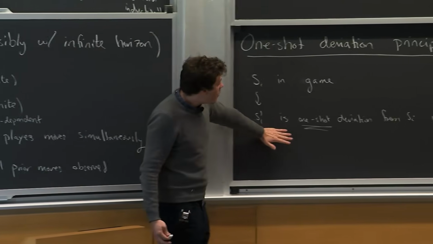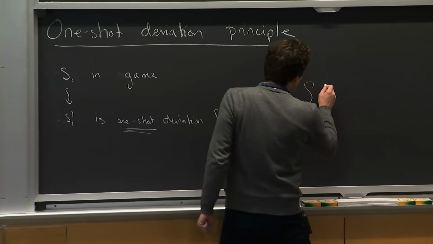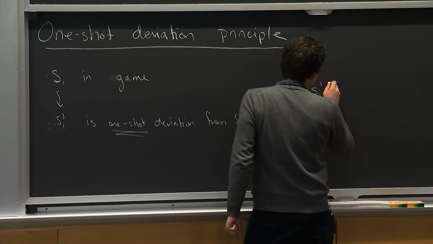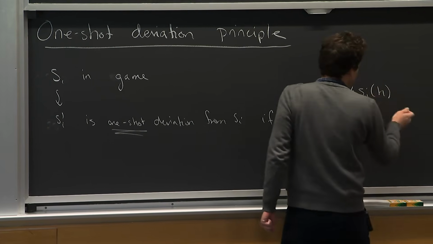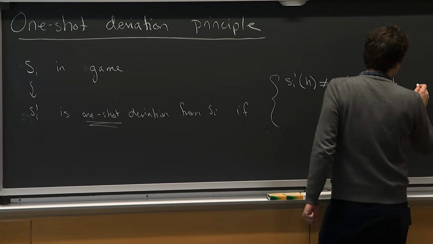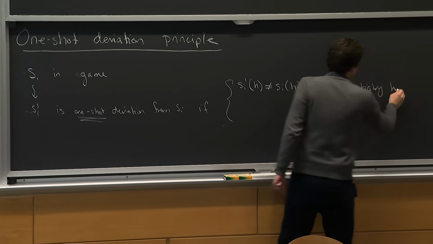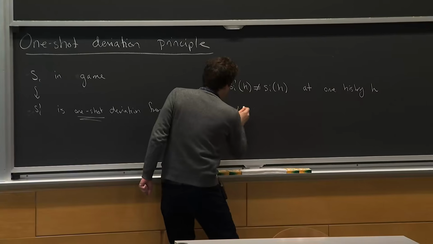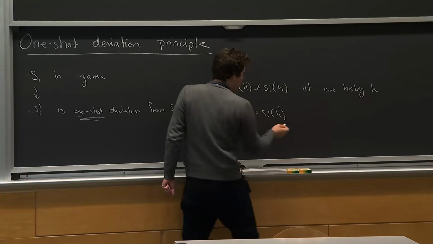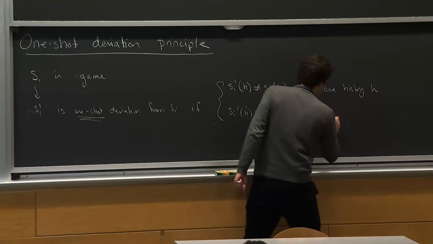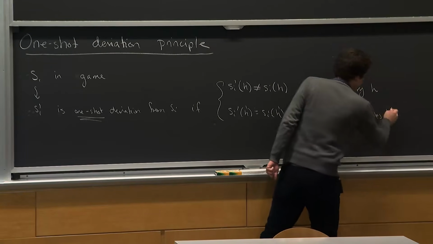So a one-shot deviation from S_i if, what do we want to say? We want to say S_i prime of h is not equal to S_i of h at one history h, but S_i prime of h' equals S_i of h' at all other histories h'.